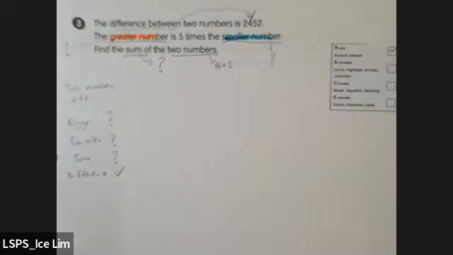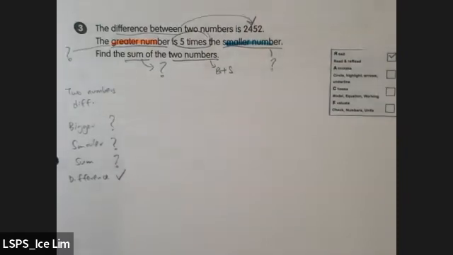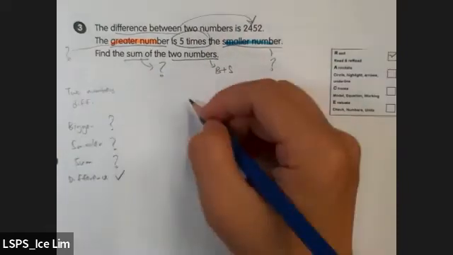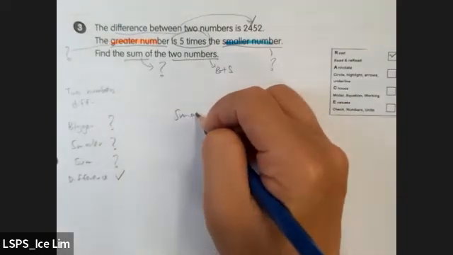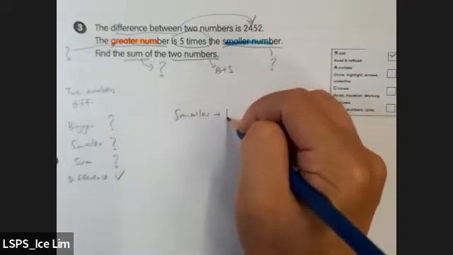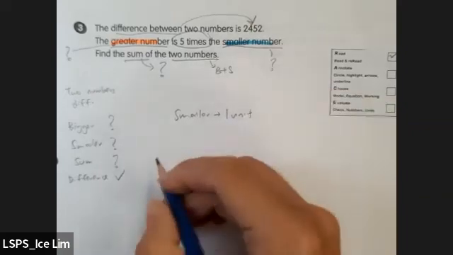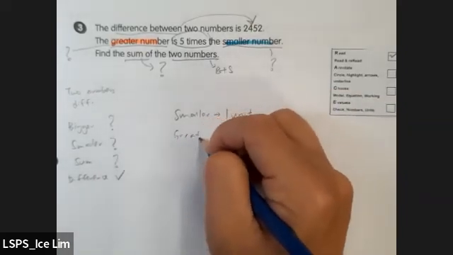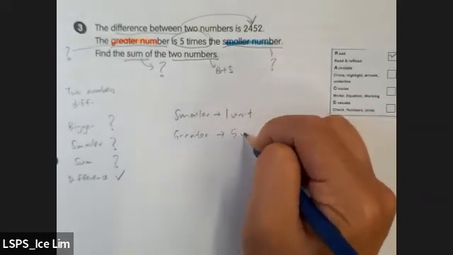The relationship is 5 times, meaning the smaller number is 1 unit. And the greater number is 5 times of that, that's 5 units.